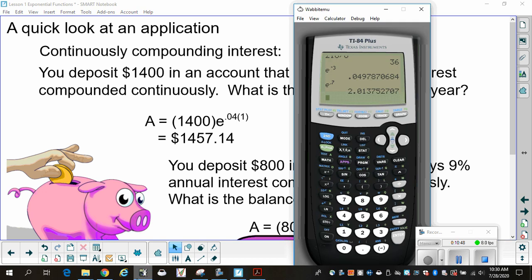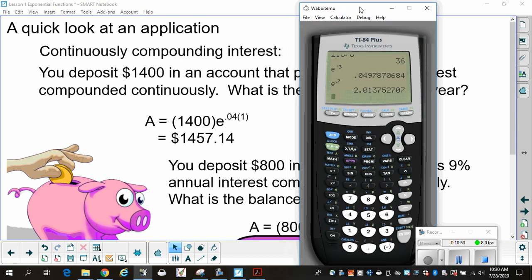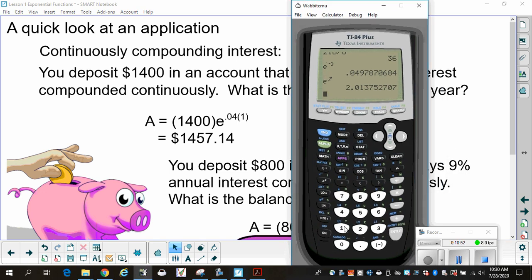How is that different than just 4% interest? Well, remember, 4% interest would be, I have $1,400 that I deposited, and I'm going to add to that 4% of it, so it's multiplying 1,400 by 0.04, and I'm going to get $1,456.